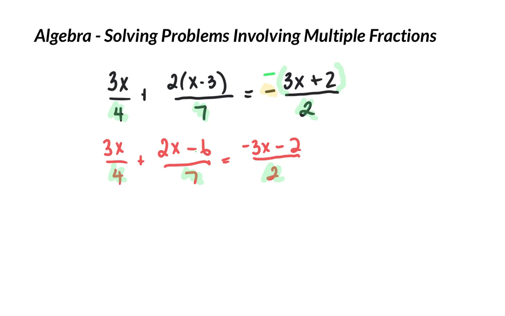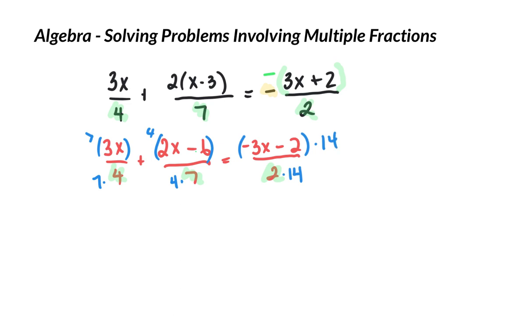So this got multiplied by 7 to get 28, this got multiplied by 4 to get 28, and this got multiplied by 14 to get 28. Whatever you do to the bottom, you also have to do to the top. And remember, it would apply to the entire top. So I'm going to put some parentheses like this.